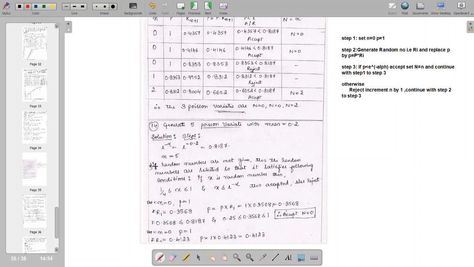Now consider another case. Generate 5 Poisson variates with mean equal to 0.2. Only this much of the question is given, but the random numbers are not given.